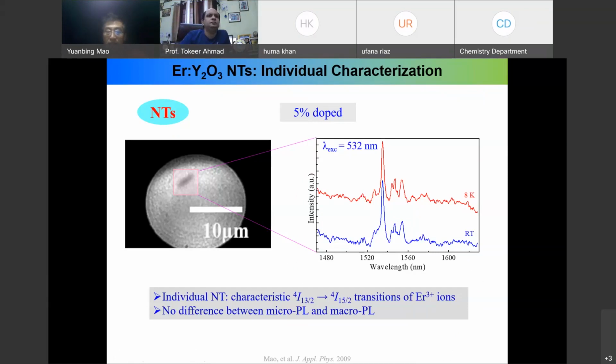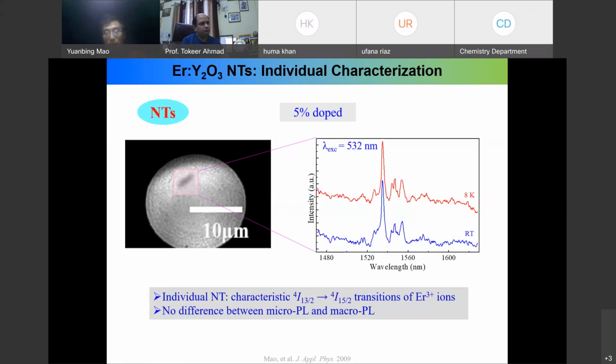You can see this is a characteristic erbium emission. That really tells us that each of these individual nanotubes is luminescent. In terms of the peak positions, there is no difference between the micro-photoluminescence and the macro-photoluminescence.